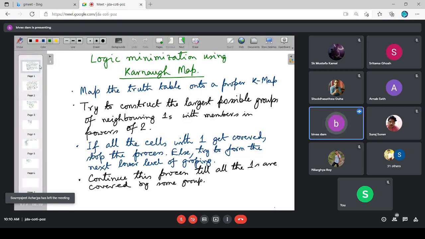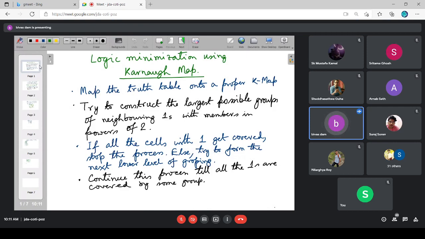So at any particular level, if we find out that after going through this level, all the ones have been covered by some group, in that case, I will stop there. But even if only one cell remains uncovered, then we have to go one step below. And remember, one step below means I am going below one level. So in that level, once again, we have to venture for all possible combinations.